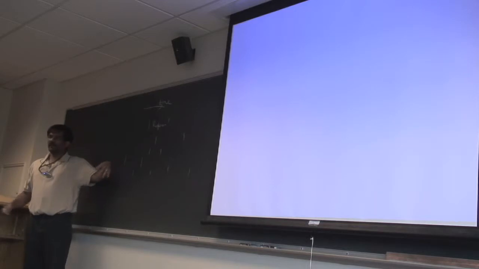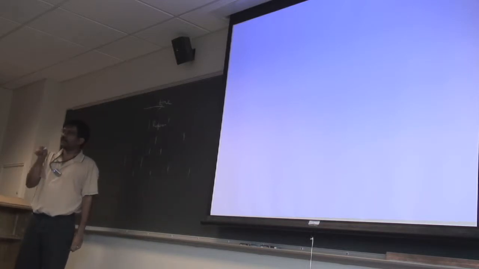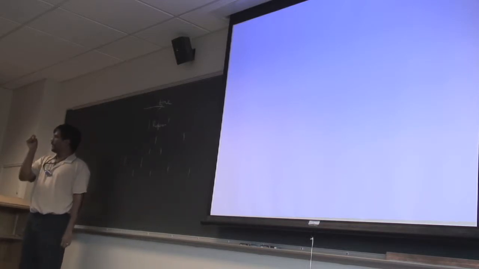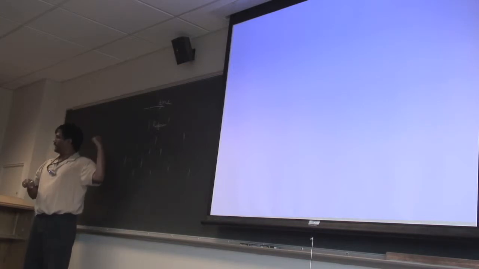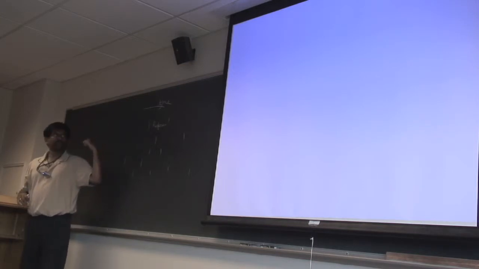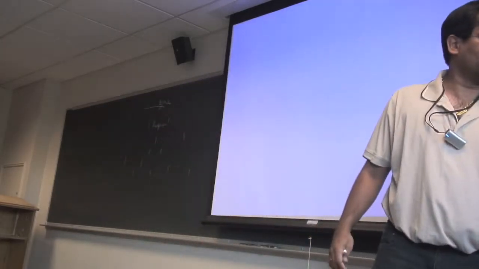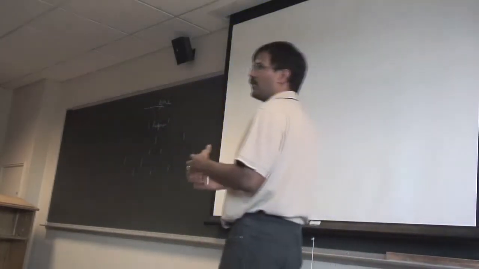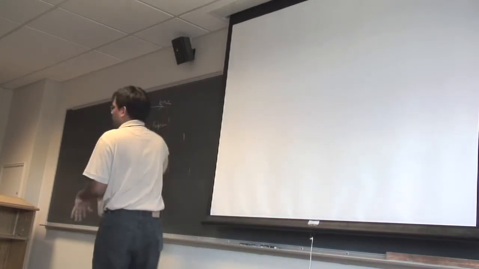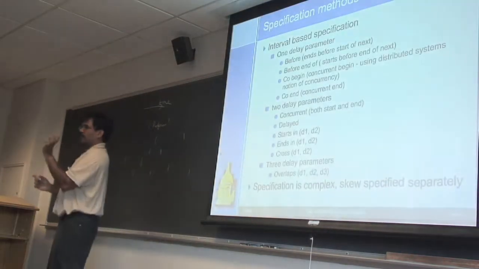Each one of them, for example on the little round thing, you would say before that finishes, then some other event happens. So the interval specifications, even though it sounds simple when you talk about before, after, can get fairly complicated because you have two time ranges.